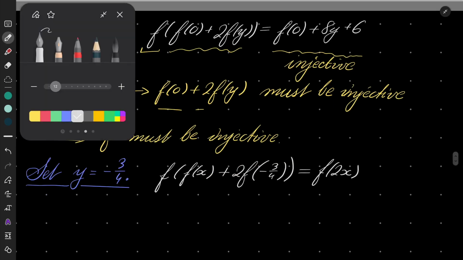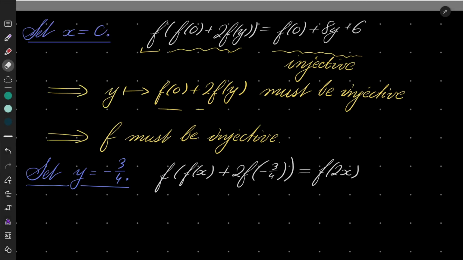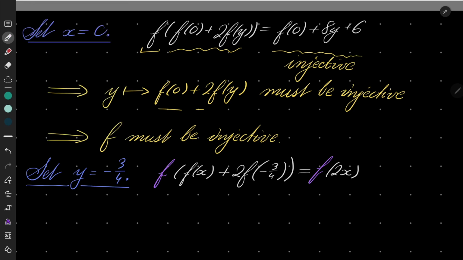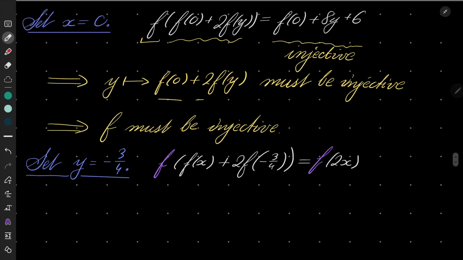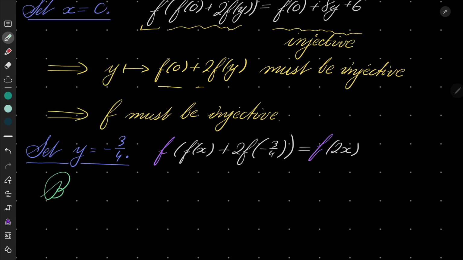And now, you know what, maybe I will write it in pink, why not? Take note that here we have f and here we have f. The function is injective, which means that the arguments of the pink function must be the same. So by injectivity of f, we have the following.